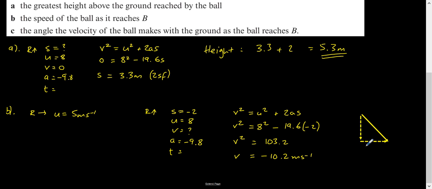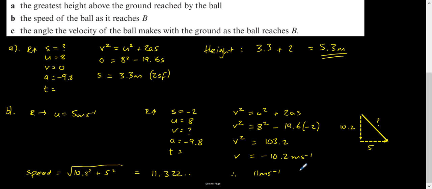The horizontal velocity is 5, the vertical velocity is 10.2, and so what's the speed going to be? Using Pythagoras' theorem, the square root of 10.2 squared plus 5 squared, and we'll work all this out. And we have 11.322..., and so the speed is 11 meters per second, correct to two significant figures.